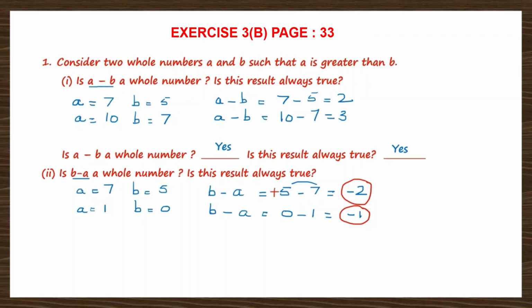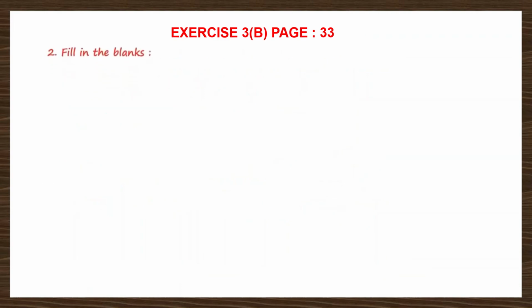So here we can see that when you do b minus a, the answer is not a whole number. And is this result always true? Yes, it's always true, isn't it? Every time you see that it's not a whole number. So let's answer our questions. Is b minus a a whole number? No. Is this result always true? Yes, it's always true.